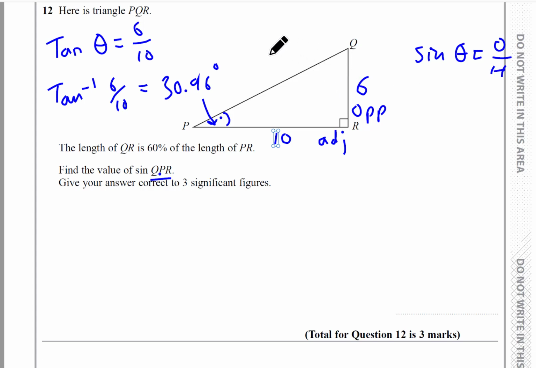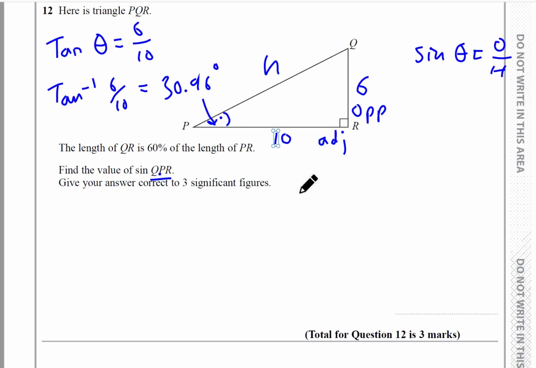We've got this 6 here and the 10. So we need to find the length of the longest side. What can we do for that?